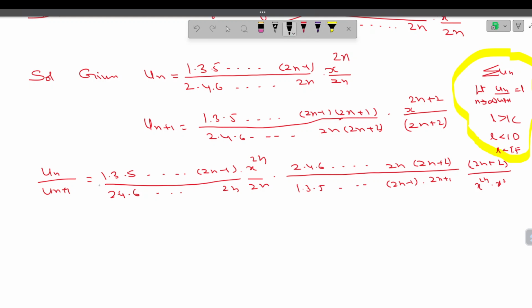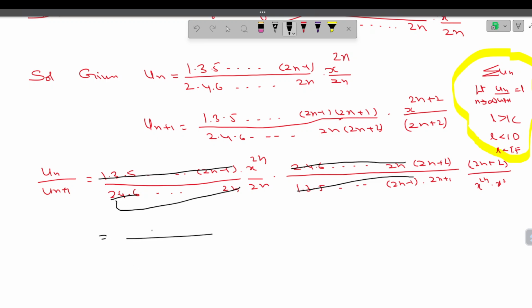Now you see 1, 3, 5 up to 2n minus 1, they get cancelled. This part and this part, they both get cancelled. So what is left for us? x to the power of 2n, x to the power of 2n getting cancelled. So in the numerator, this part is gone. What is the extra part we are left with?